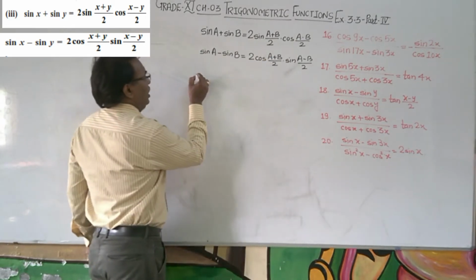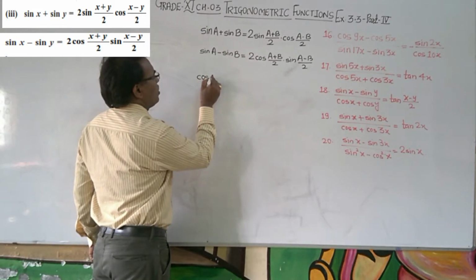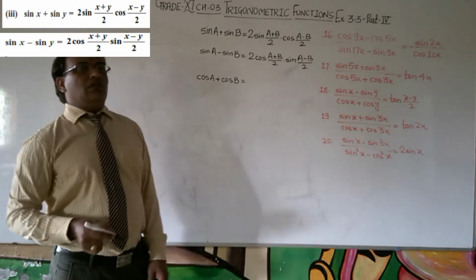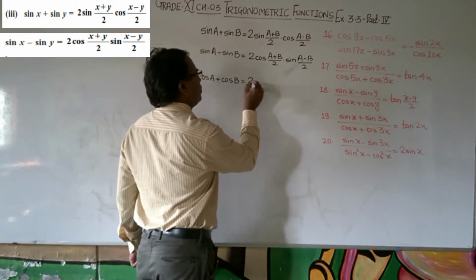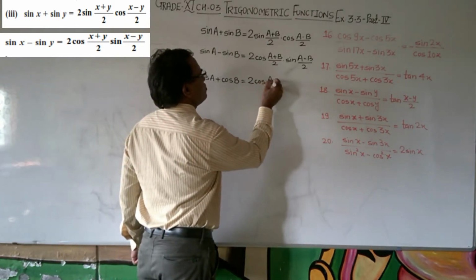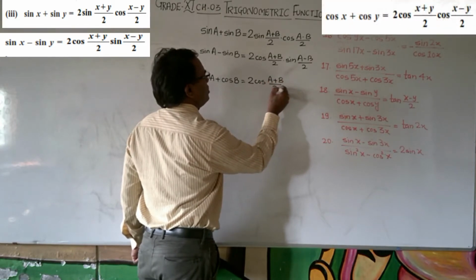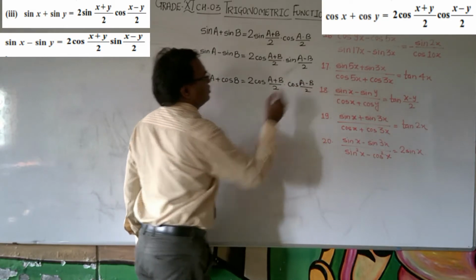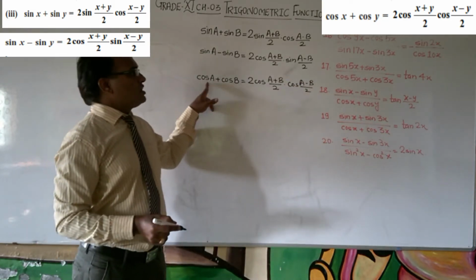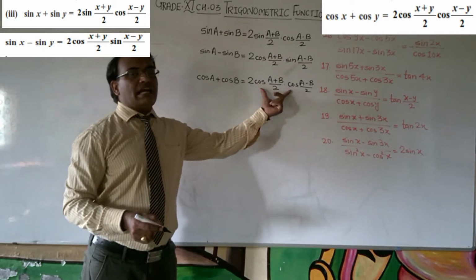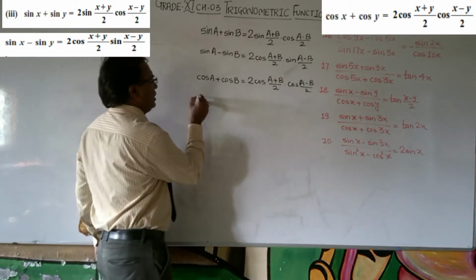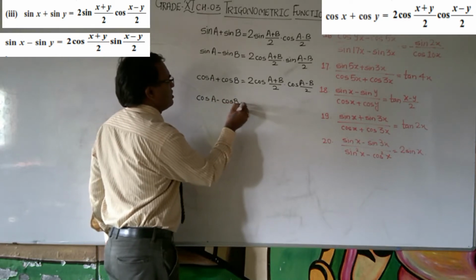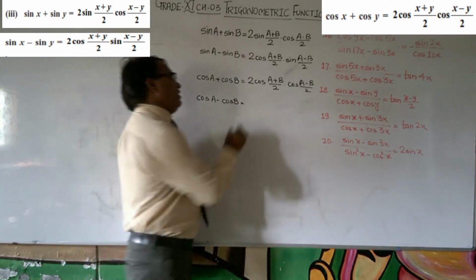After that, if you go ahead with the formula cos A plus cos B, then what will happen? Same thing, no change. It is 2 cos of (A plus B) upon 2 into cos of (A minus B) upon 2. Again, if it is cos A plus cos B, then on both sides there will be cos and cos. But if it is cos A minus cos B, then what will happen?